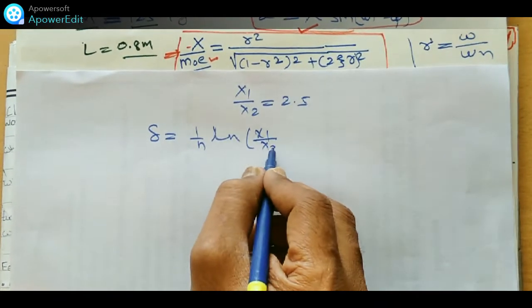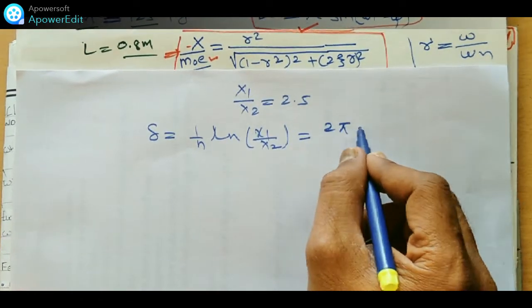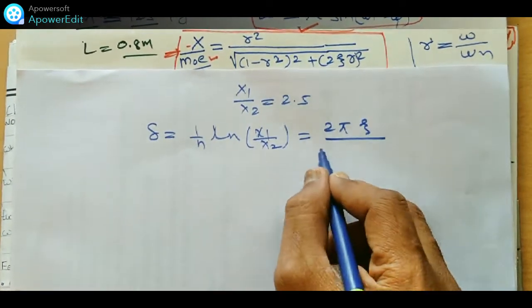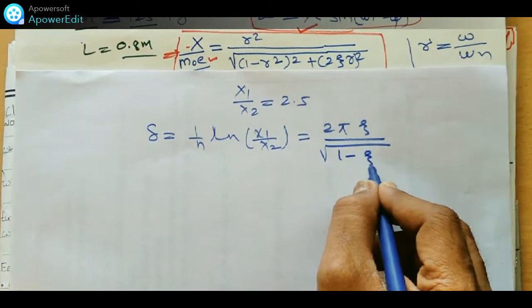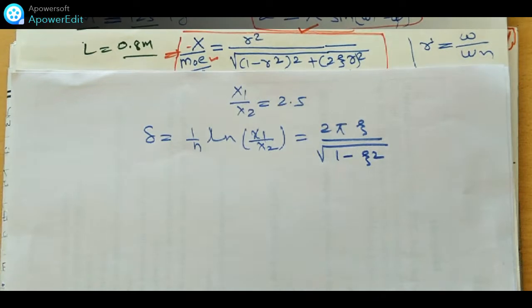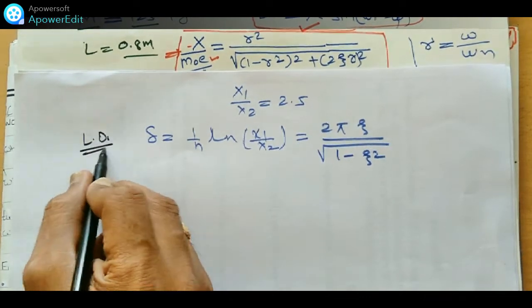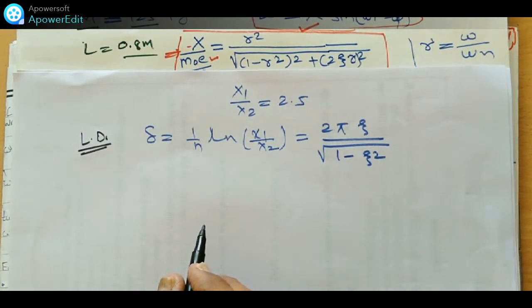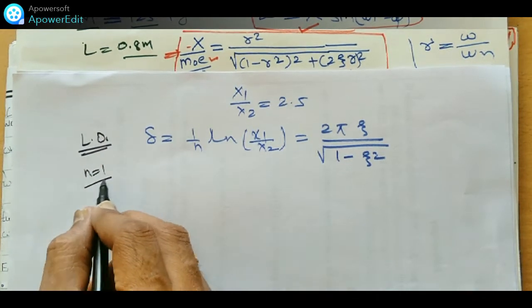which is equal to 2 pi zeta upon under root of 1 minus zeta square. So this is the formula for the logarithmic decrement. Here this n is in this case only one cycle. X1 by x2 is 2.5.